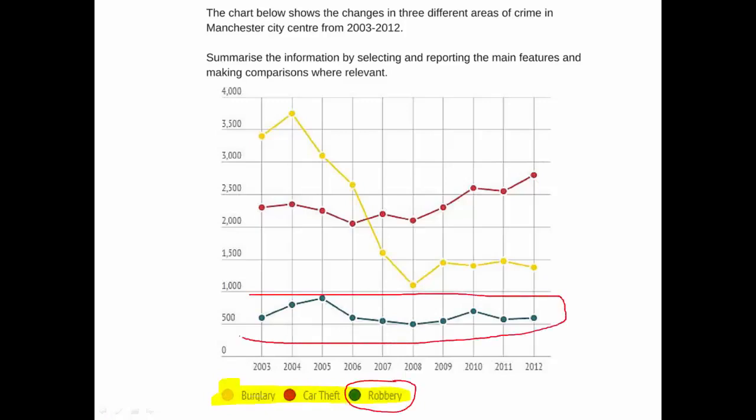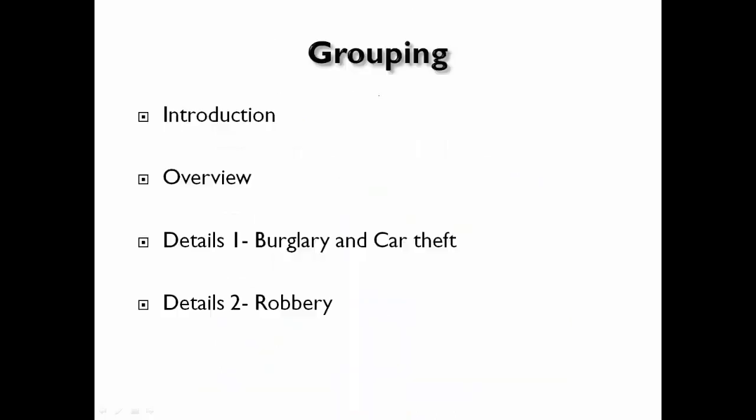It kind of just stays the same. There aren't big changes in that. So I'm going to describe this in one paragraph, and then I'm going to describe car theft and burglary in the other details paragraph. So the overall structure will look like this. First paragraph introduction, second paragraph overview, and then the details will be burglary and car theft in one and robbery in the other.